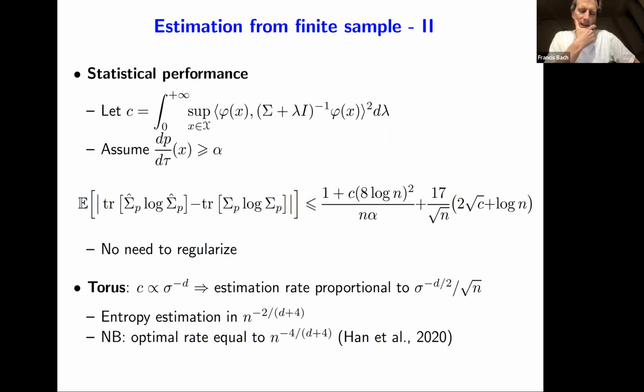It does. Because the bound that you show on top has no dimension there, and below there is dimension. You mean the sigma square? So for the entropy estimation, as dimension goes to infinity, it's very bad, right?